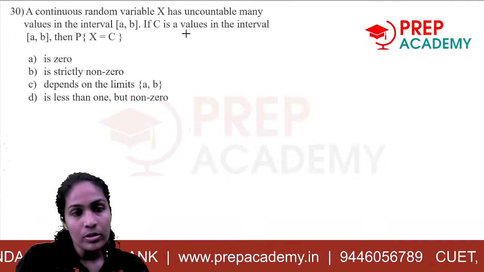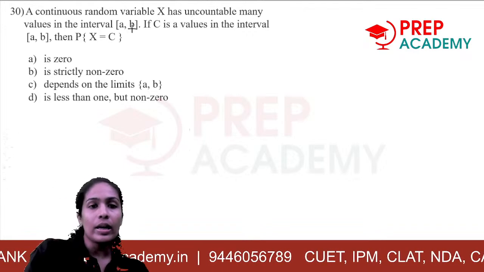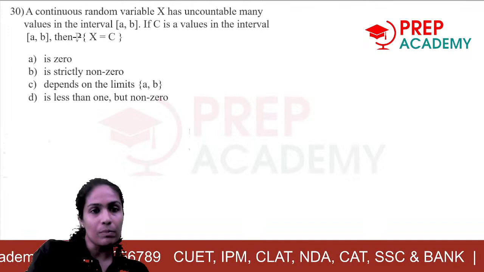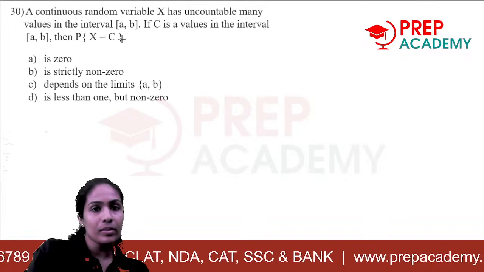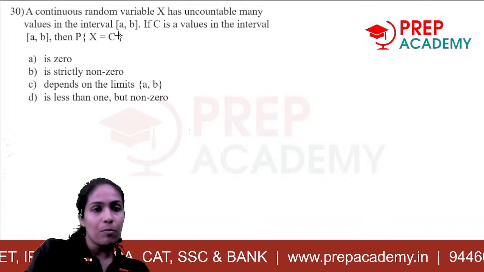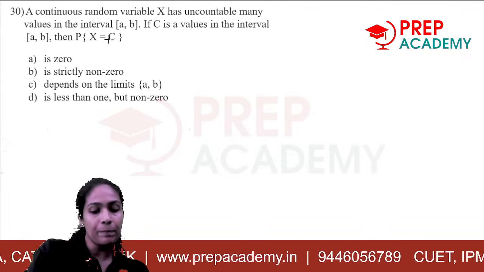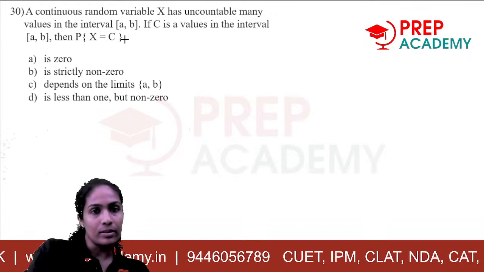So the continuous random variable has uncountably many values in the interval AB, and C is a value in the interval closed AB, and you are asked to find the probability at a point.